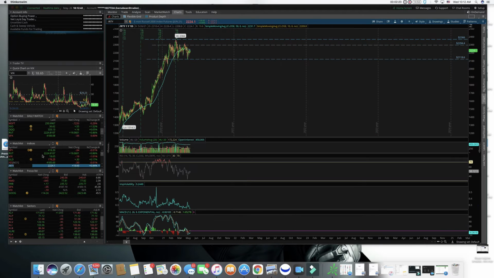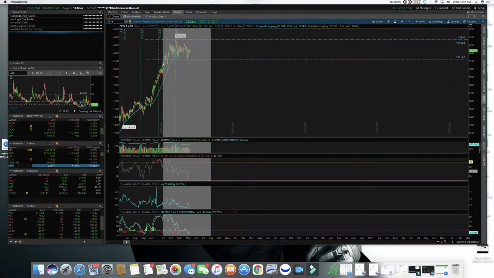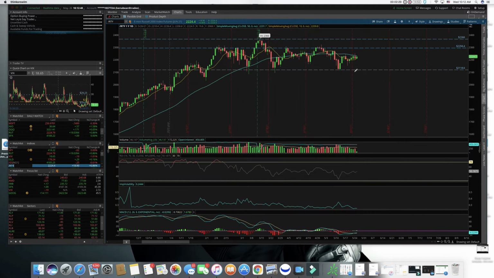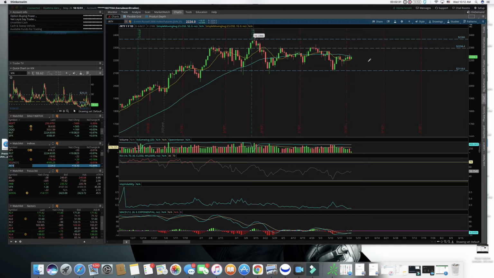Going into the Russell 2000, these E-mini futures for the small caps are still consolidating, going sideways, not really doing much, not seeing any gains, not seeing any losses. In conjunction with these moving averages, whenever the moving averages are moving sideways, that means we're in a stalling period where the market isn't going anywhere.